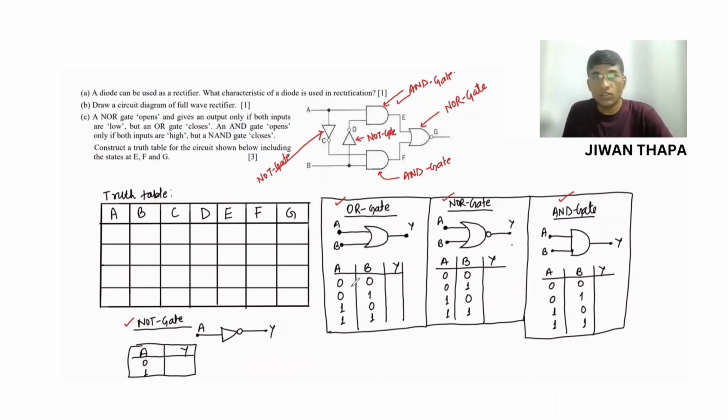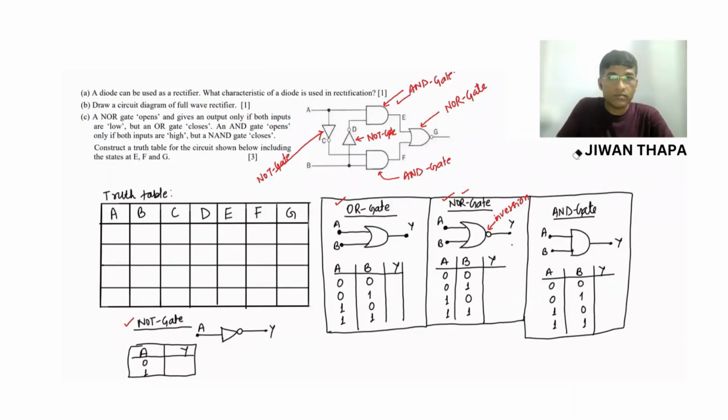So this is the OR gate, and if there is a NOT on the OR gate, then it is called a NOR gate. This NOT gives inversion, or it inverts the output. So this is to be noted.